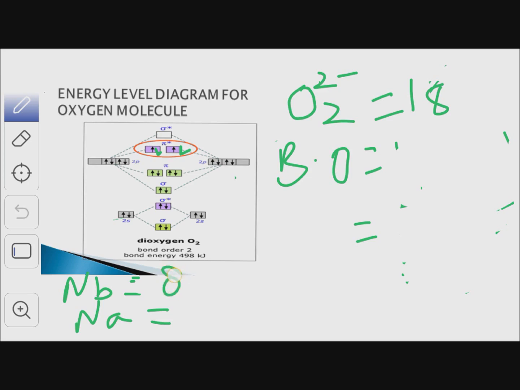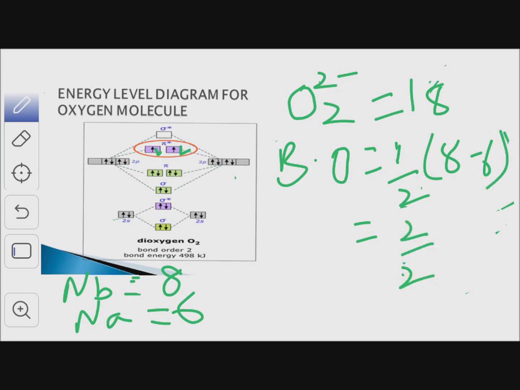Here the number of bonding electrons remains the same, that is 8, but the anti-bonding electrons, 2, 4, 6, are 6 in number. And from here we can calculate the bond order for O2 2 negative. 8 minus 6, that is 2/2, which is equal to 1. It means the bond order of O2 2 negative is 1. It forms only a single bond.